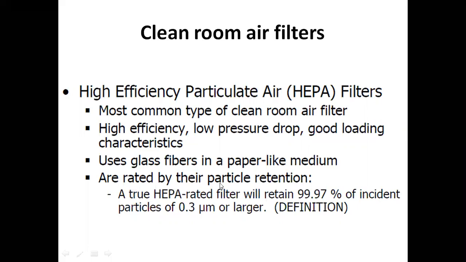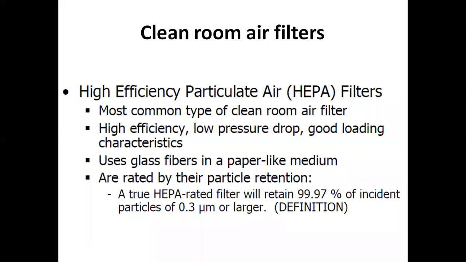They are rated by their particle retention. A true HEPA rated filter will retain 99.97% of incident particles of 0.3 micrometer or larger. This is the definition of the HEPA filter.